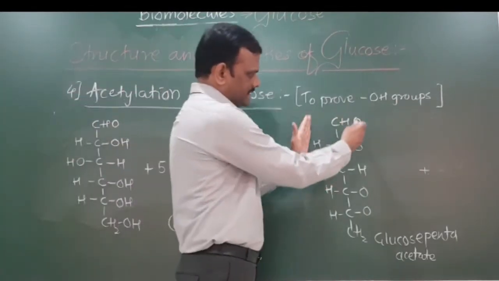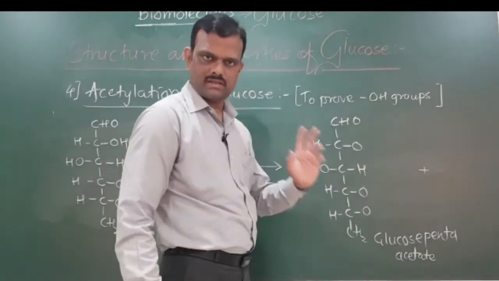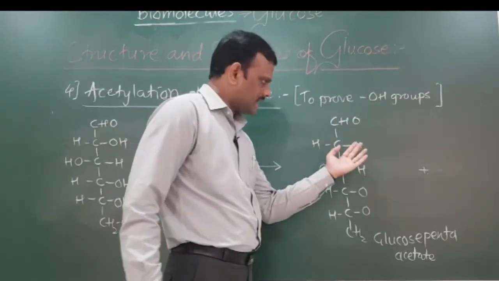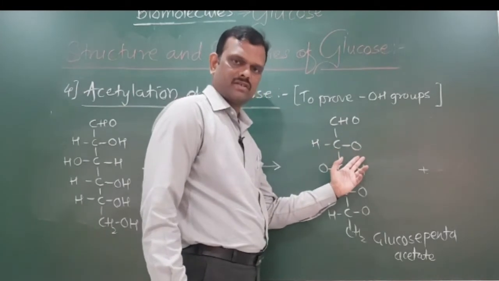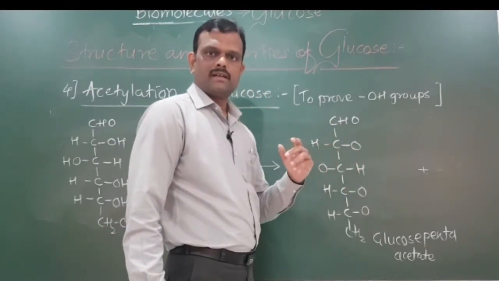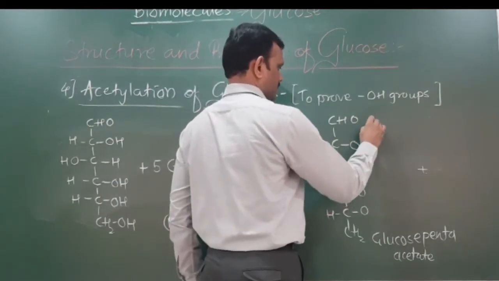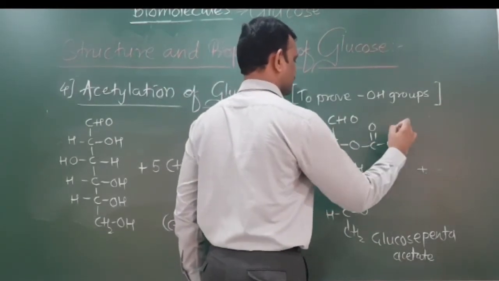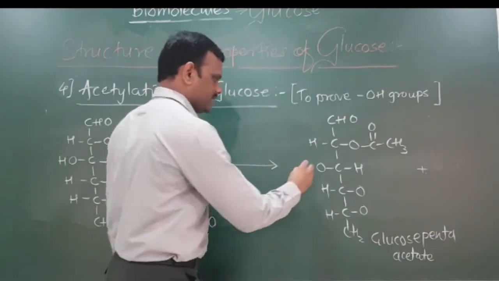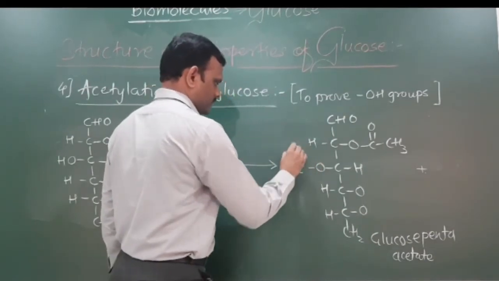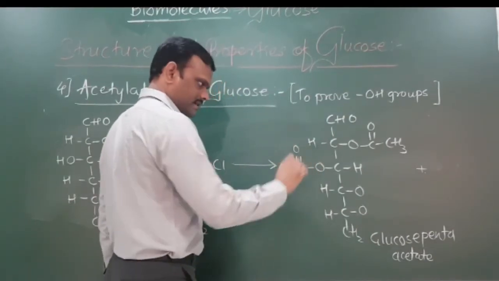Now I had written this, the skeleton of the glucose, which is the open chain structure. What happens? Only the hydrogen atom of the hydroxyl group is substituted by the acetyl group. That means C double bond O CH3 is here. Similarly, C double bond O CH3 is here.